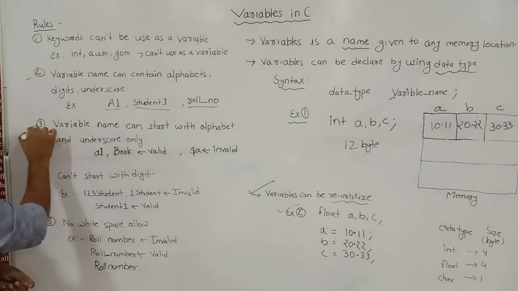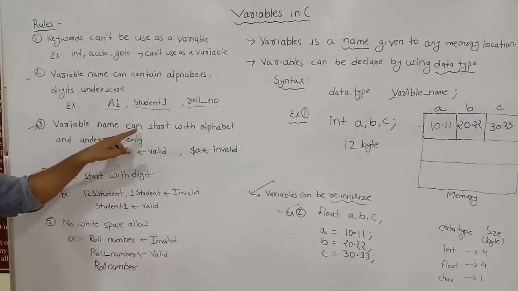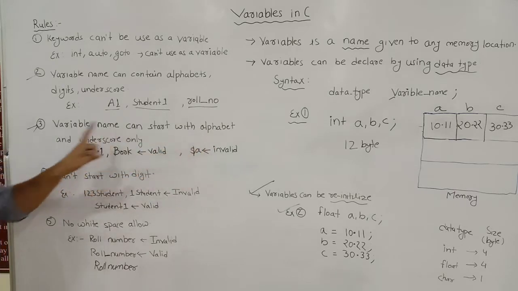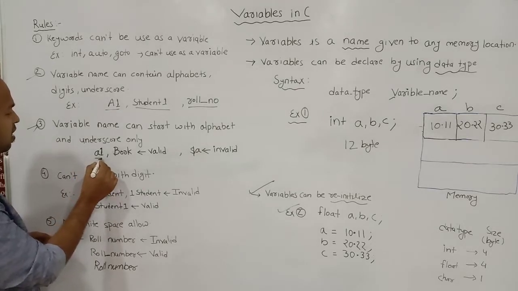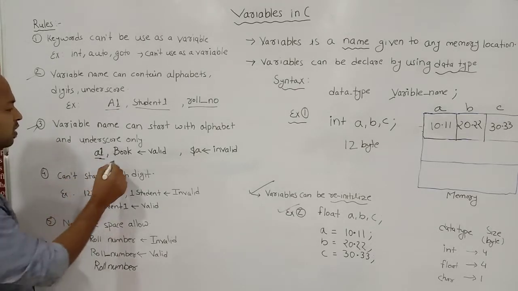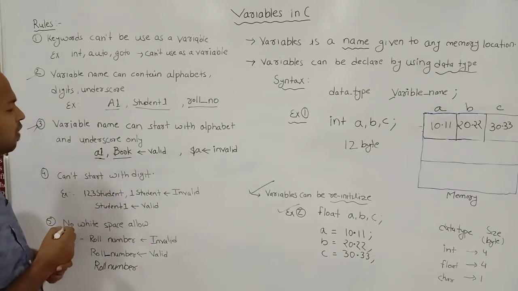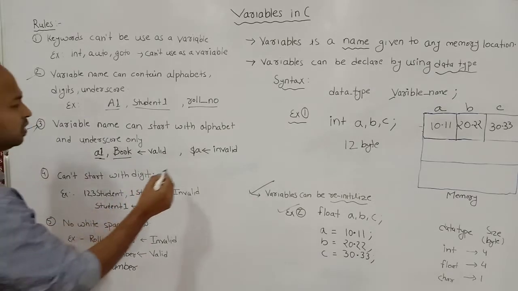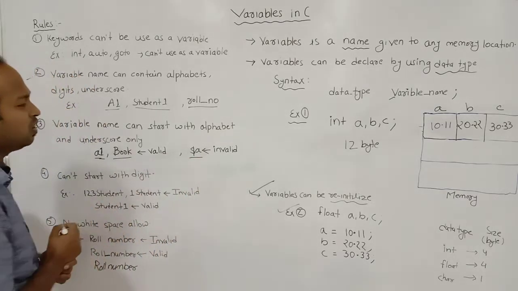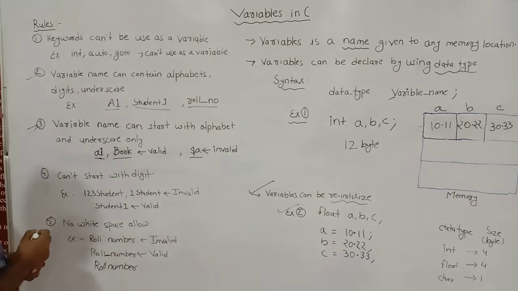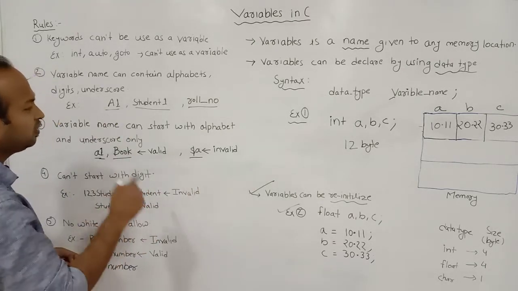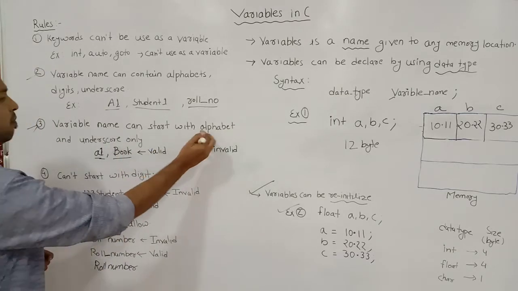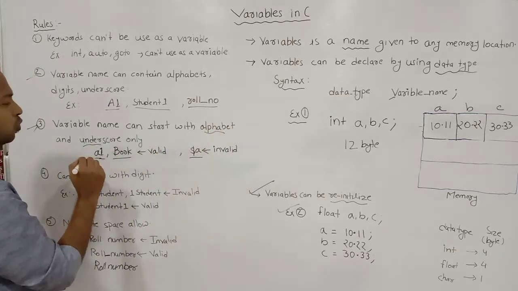Then the next point: a variable name can start with alphabets and underscore only. So a1 is valid, book is also a valid variable name, but this is not a valid variable name, because here the variable name is starting with a dollar sign, and a variable name must always start with an alphabet or underscore.